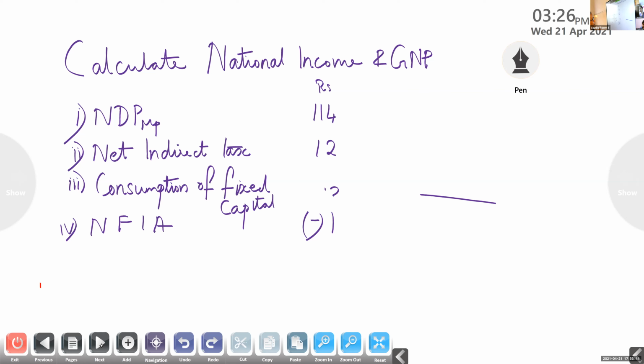this problem in your notebook. Calculate national income and GNP at MP. This is MP.